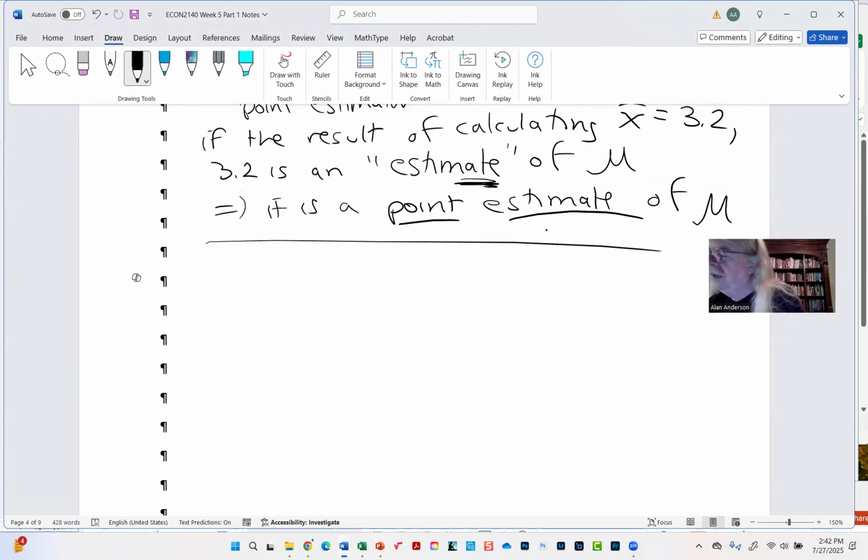remember how, by the way, I just want to point out here that X bar in this context can be thought of as not a single constant value, but a random variable.